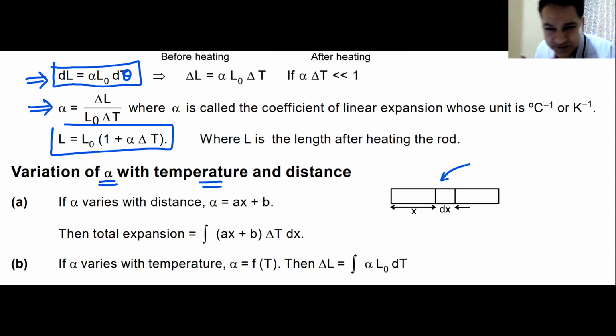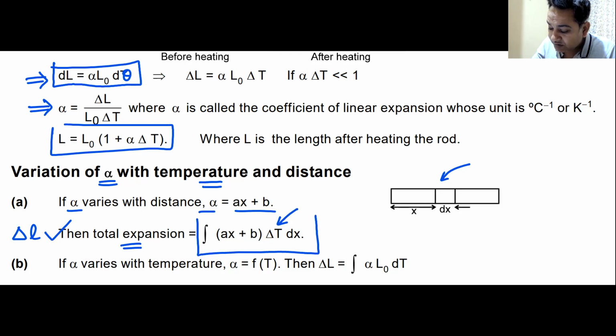You can obviously make a theoretical question where alpha varies on the rod. Now, in that case, how will you find out the total expansion of the rod? If alpha varies with distance, you can write alpha as some linear ax plus b. In that case, the total expansion delta L, because dl is alpha L naught d theta, with alpha varying, you can find out in this fashion.